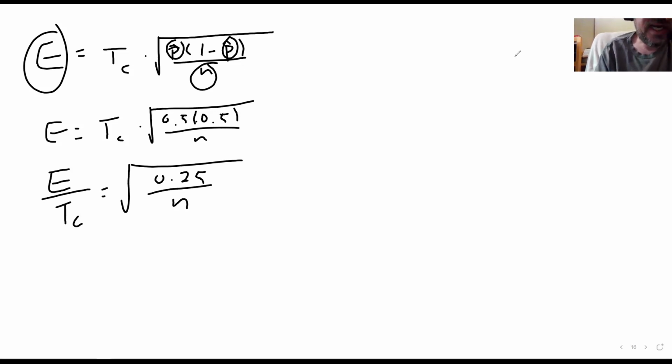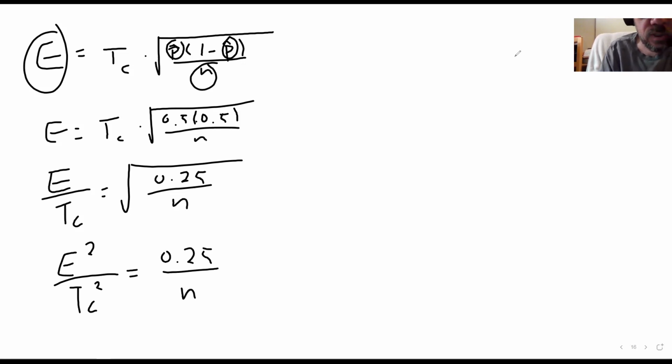I'm going to square both sides to get rid of the square root. So we're going to have E squared over T sub C squared is 0.25 over n. Now, 0.25 is a fourth. So this is 1/4 over n.